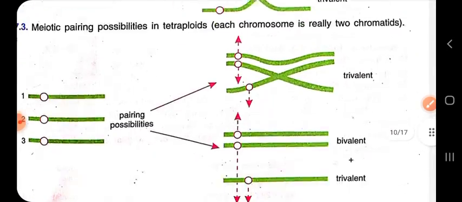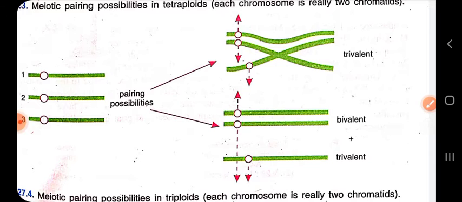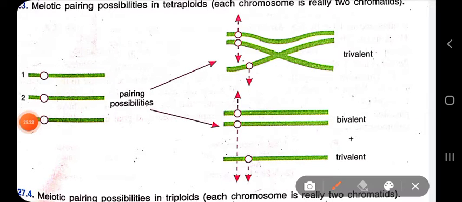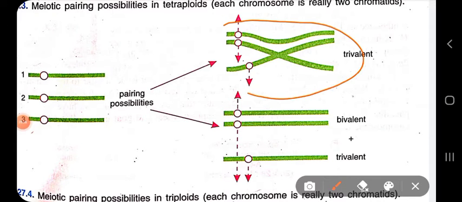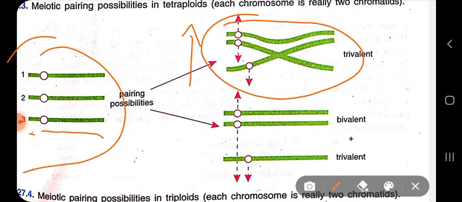So if you see in this figure, don't look at the left figure now, look at the right figure. All three chromosomes are moving to one pole, whereas one chromosome is moving to the opposite pole. That is a univalent-trivalent combination. Here 4 chromosomes should be present, it is not shown in the diagram.